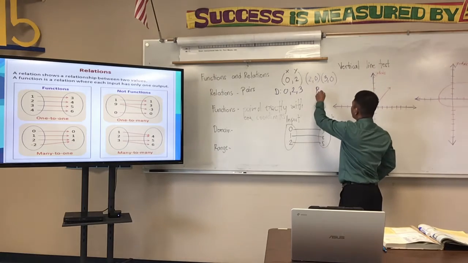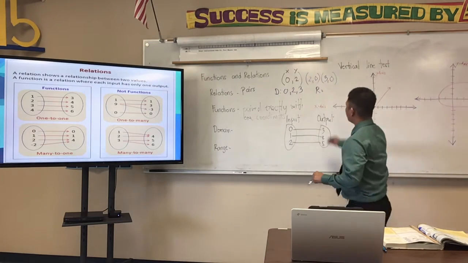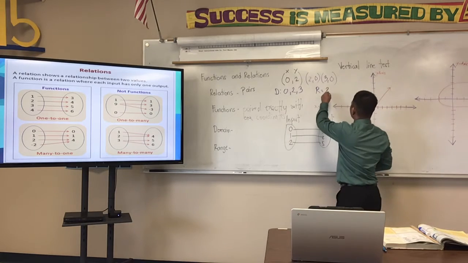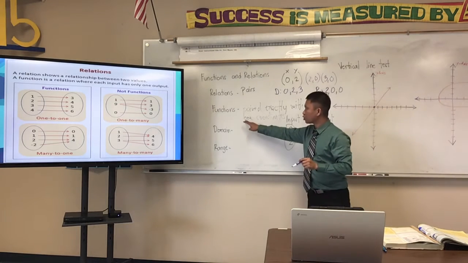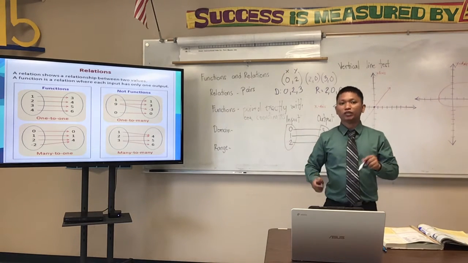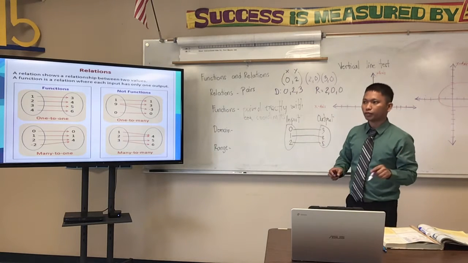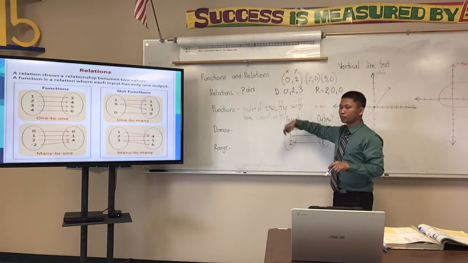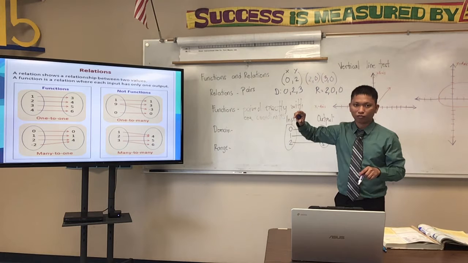And our range here is the y coordinates. So we have 2, 0, 0. When we say functions, we should have a unique domain. So there should not be repeating numbers in our domain. As you can see, we have 0, 2, 3 as our domain.